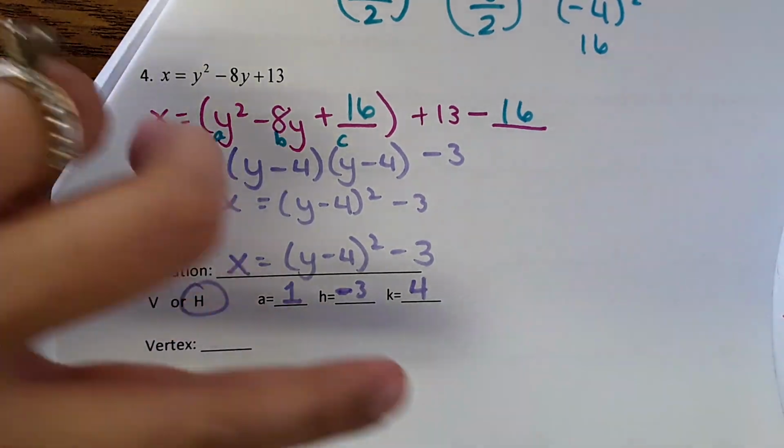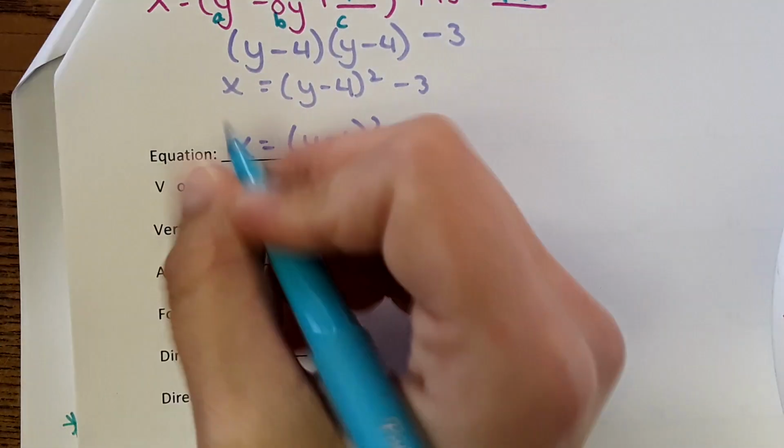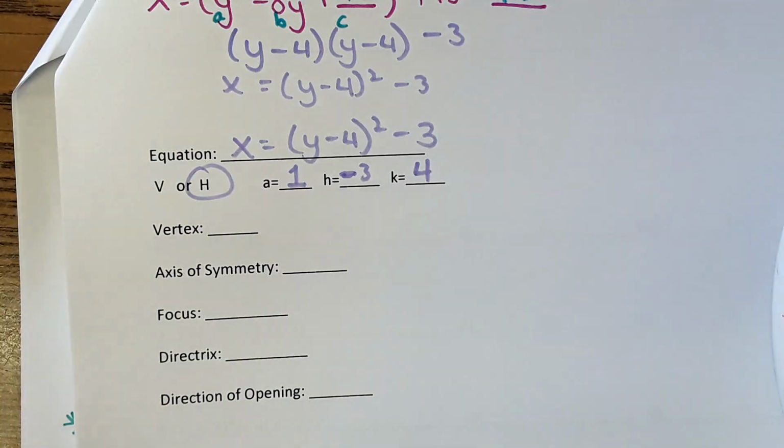Okay, now that we have a, h, and k, we can plug in numbers to find all of this. The vertex, again, I'm just referring to this chart. Vertex is hk.